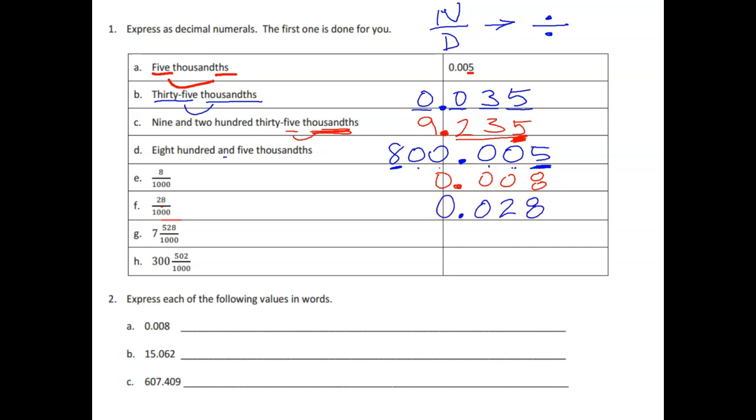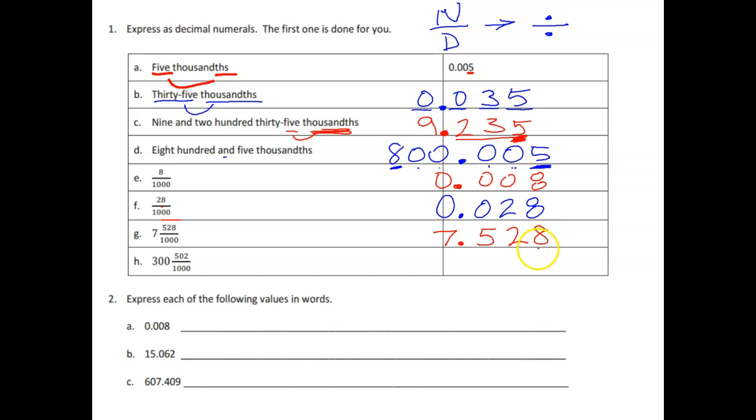Looking at G. So now we have 7. This is a mixed number. We have a whole number, and then we have parts of a whole. So we have 7 and 528 thousandths. We have 7 wholes and 528 out of 1,000.